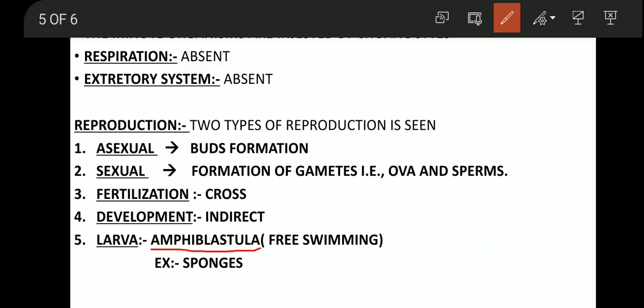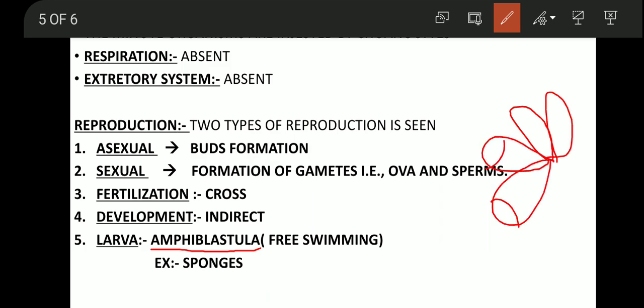One point regarding this is, as we know, they are sedentary. What is meant by sedentary? Just now we discussed that they don't move. This is a colony of a sponge, and sponge is an example for porifera. This is a substratum to which they are attached. They are not moving, and they produce a larva which is free swimming.